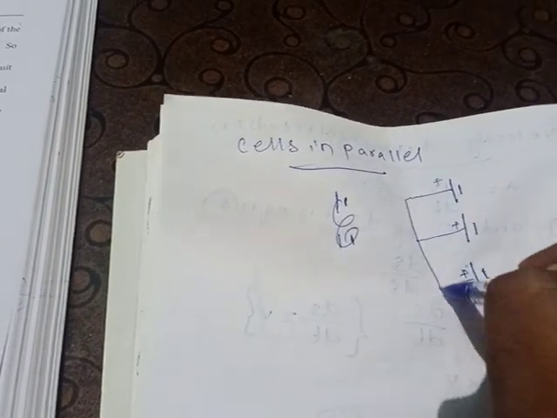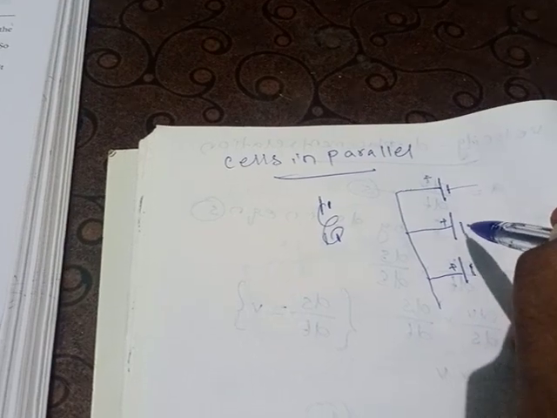Here 3 cells are connected, so all the positive connected together, all the negative connected together.